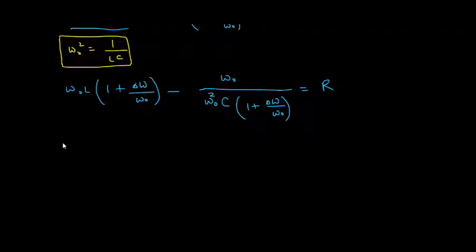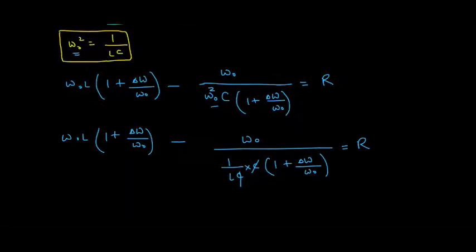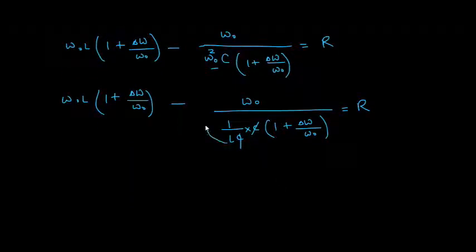Now we'll copy as it is the first step, there is no change. In the second step, we'll implement this formula for omega naught square. So we'll write as it is. For omega naught square, we can write LC. So multiply by C, 1 plus delta omega upon omega naught is equal to R. So C gets cancelled and L will come here in the numerator.